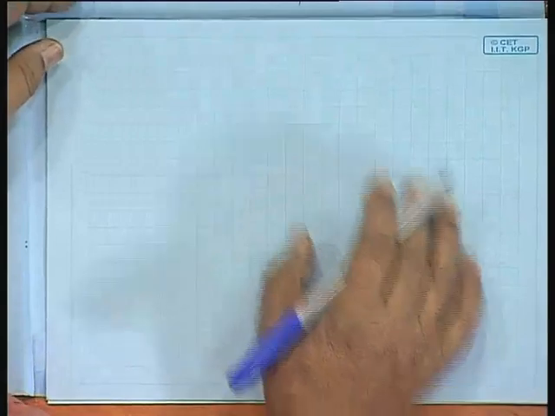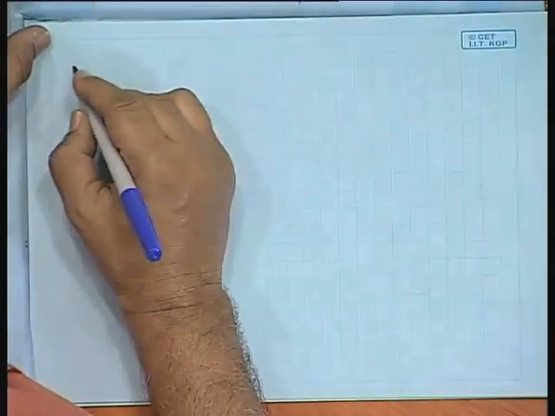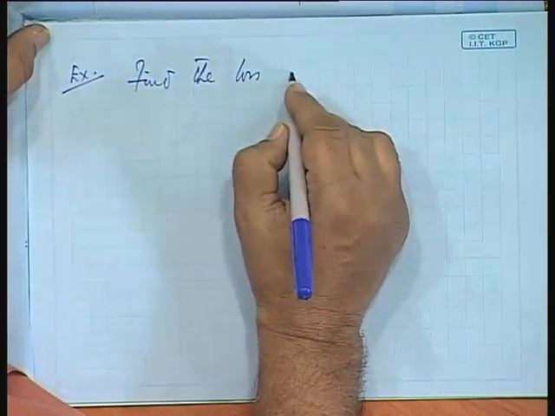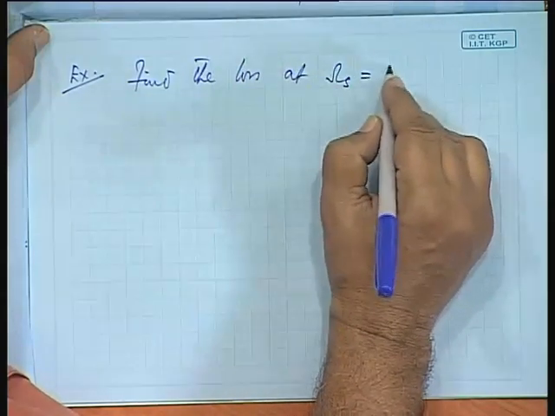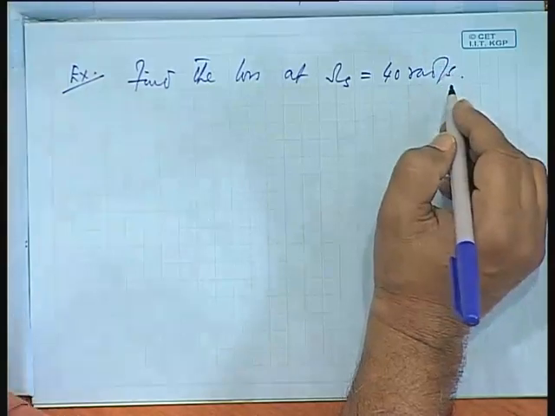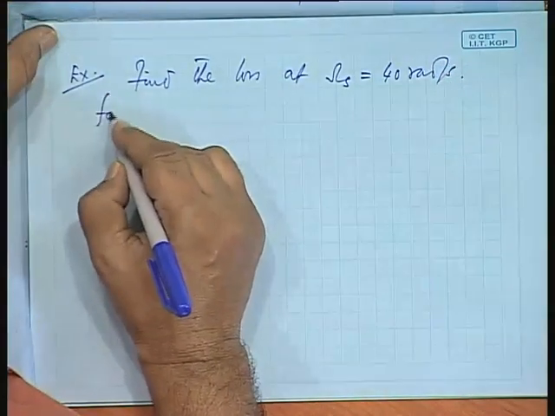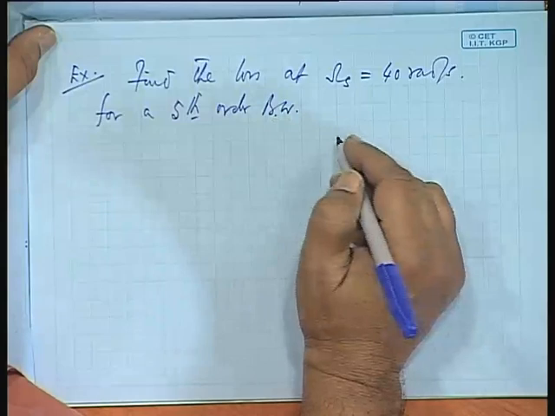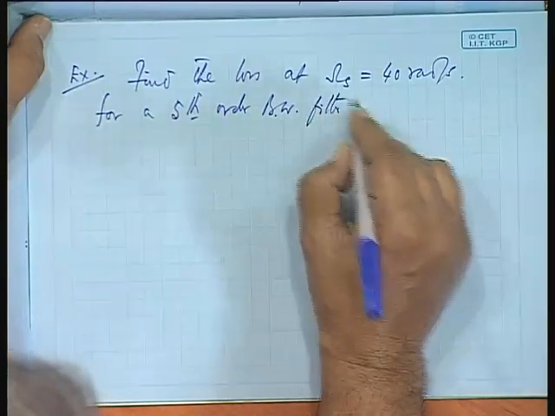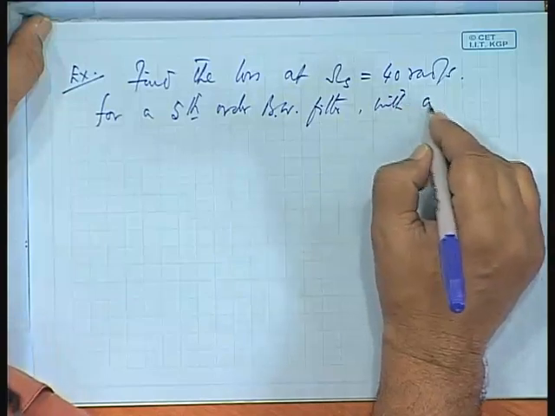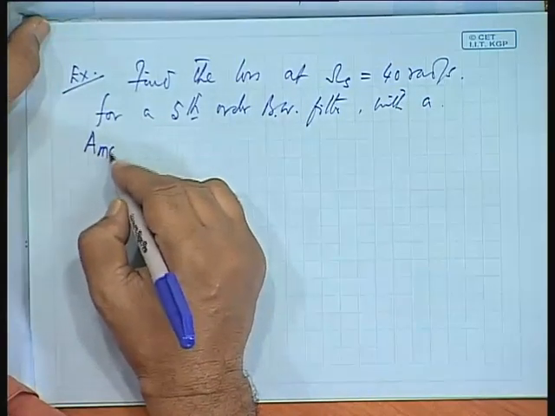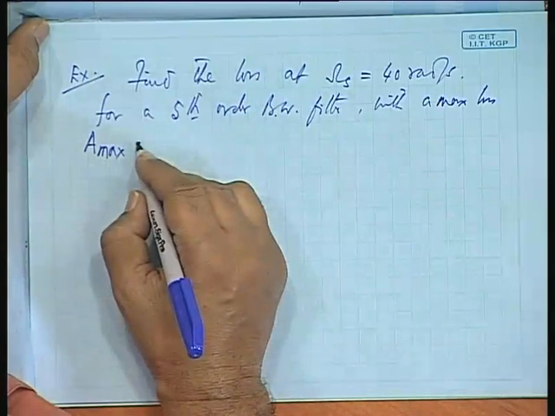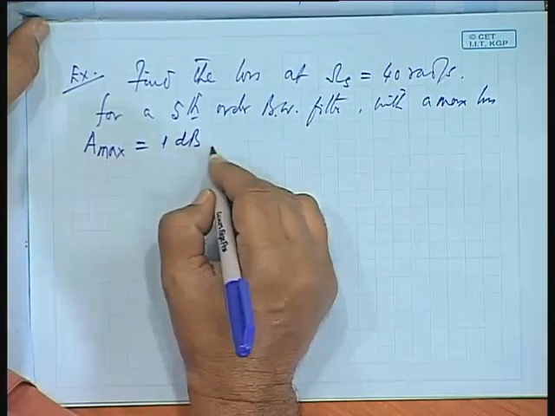Let us work out one example. Find the loss at omega s is equal to 40 radians per second for a fifth order Butterworth filter, with maximum loss, that is A max, equal to 1 dB in the pass band.